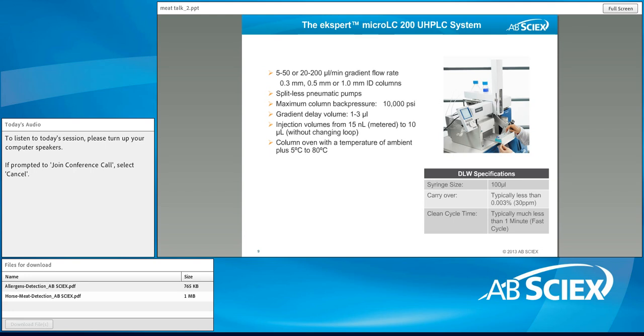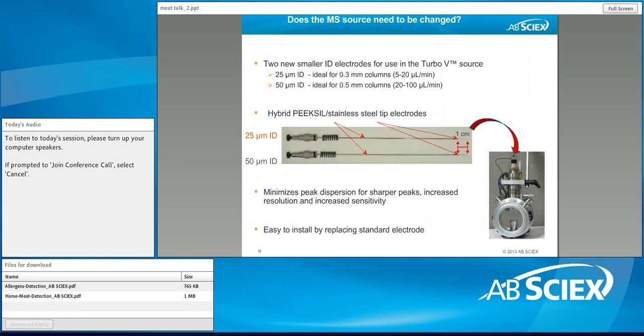It gives you gradient delay volumes of less than a couple of microliters. You can do injections up to 10 microliters, as far as I've gone, and you have a column oven which fits very close to the source to reduce dead volume, which goes up to 80 degrees C. So it's uniquely positioned for running micro-LC flow rates.